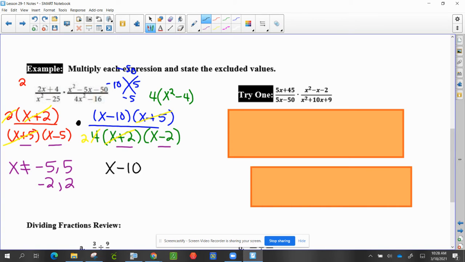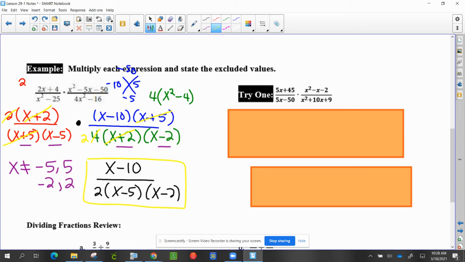What's left on bottom is a 2, an x minus 5, and an x minus 2. Okay, so just remember, you can't cancel anything unless you're canceling out the entire expression. So like this 10 and this 5 on top and bottom can't cancel out because they're not the entire same thing. You can only cancel out entire factors.